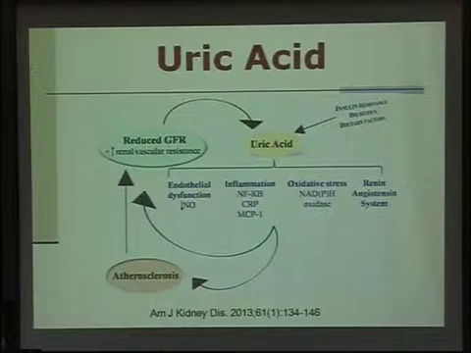But he starts with a very small dose, even 50 milligrams of allopurinol, and increases very slowly. So why is uric acid associated with the progression of chronic kidney disease? Because of increasing endothelial dysfunction, increasing inflammation, increasing oxidative stress, and heightened renin-angiotensin system activity. So from the pathophysiology, it is linked to progression.